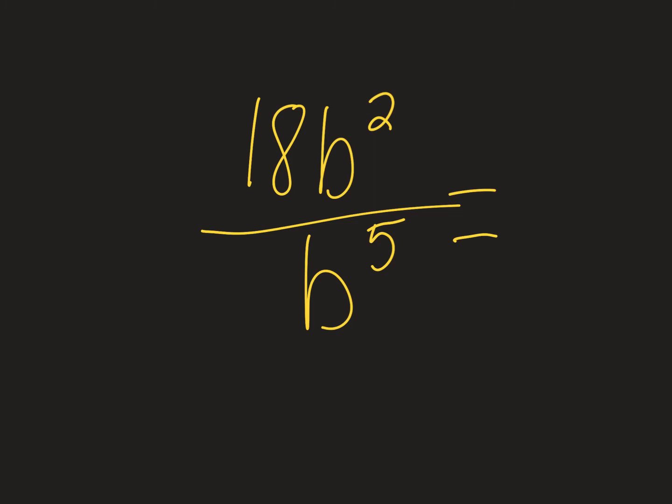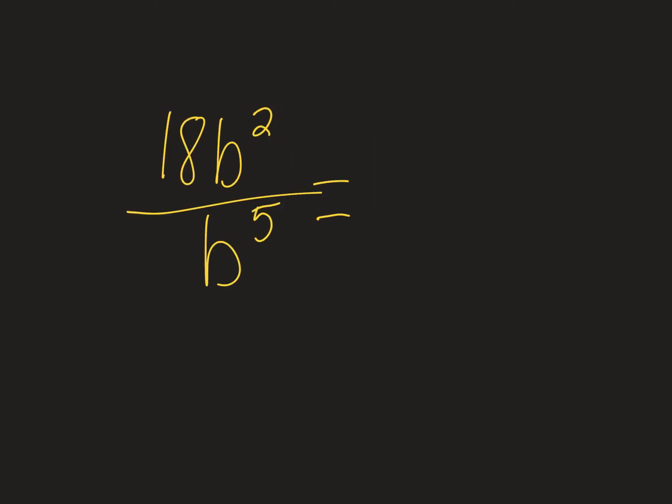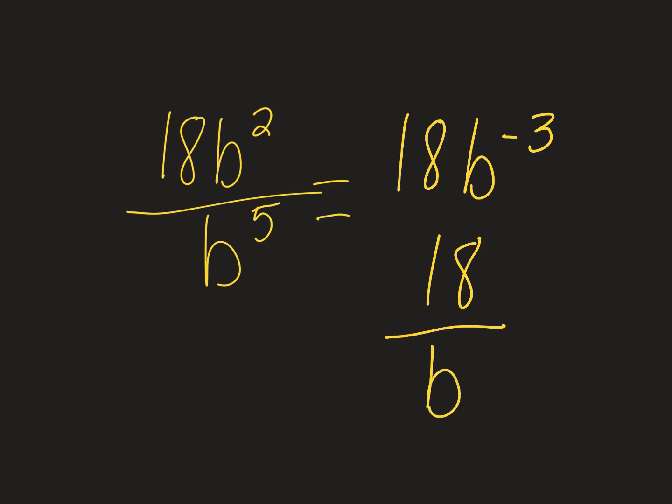Solve, and I'll call Paddles up. All right, do we have answers? Yes. All right, Paddles up. Okay, your answer could be 18b to the negative 3, or 18 over b to the third.